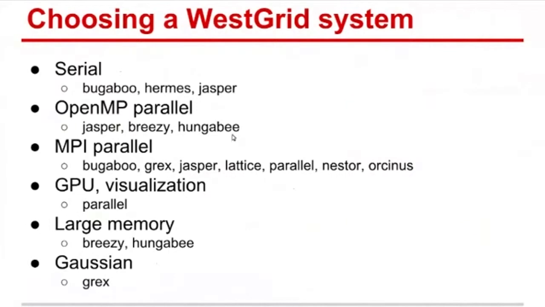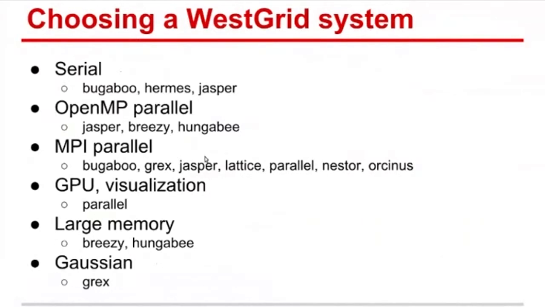For MPI parallel programs, you can run on a large number of sites: Bugaboo, Grex, Jasper, Lattice, Parallel, Nestor, Orsinus. We have one special machine equipped with GPUs that's Parallel, located in Calgary, and you can also use it for visualization as well.